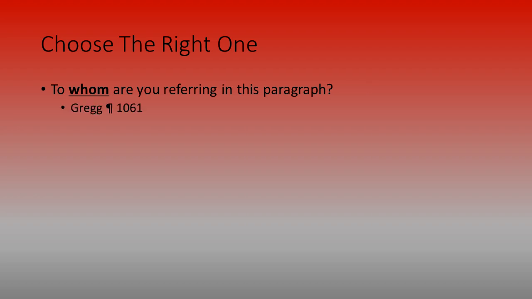And my tip for that is if you can replace with him, are you referring to him in this paragraph, then it would be whom. But if it's, are you referring to he, then it would be who. And I have to do that every single time I'm trying to figure it out. So I have to say every single time him or them, or her, but that doesn't help. So I use him.